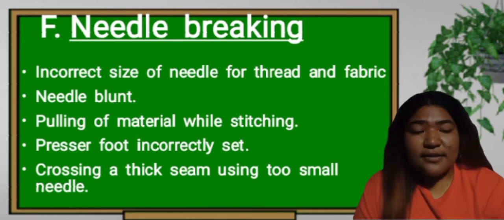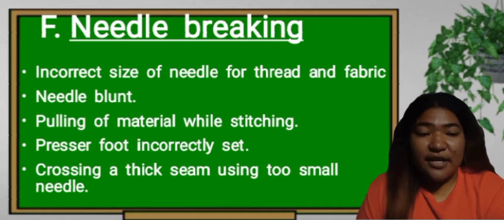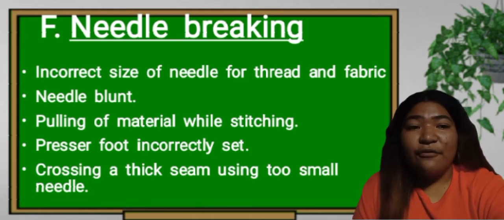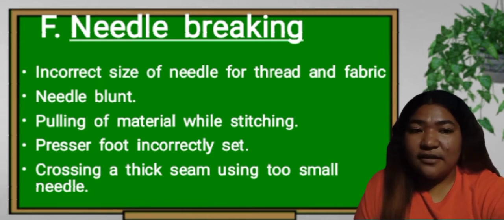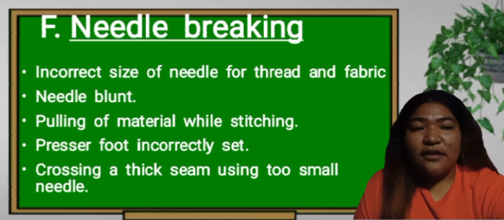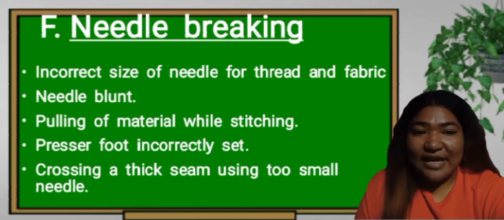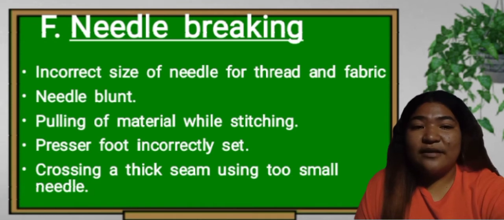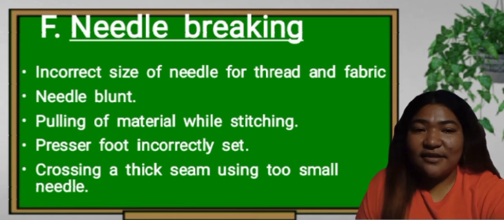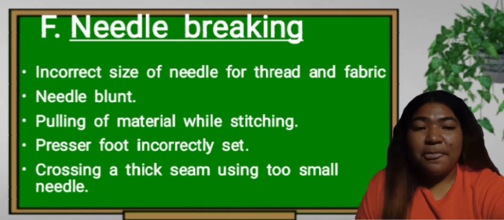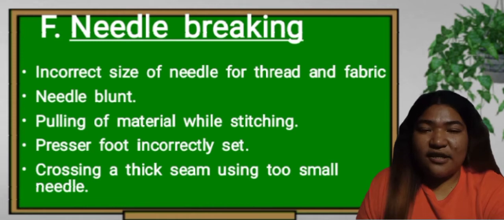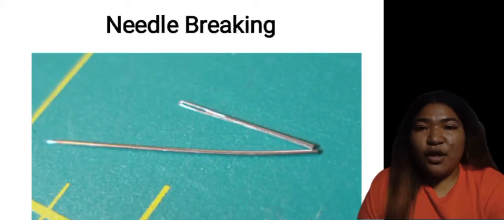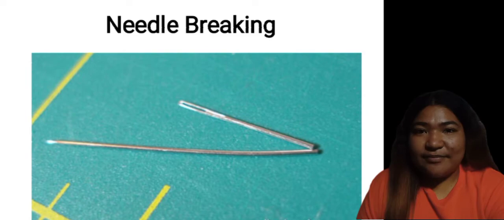Causes of needle breaking: the incorrect size of needle for thread and fabric; second, the needle is blunt; then, pulling of material while stitching; next, the presser foot incorrectly set; and lastly, crossing a thick seam using too small a needle. So this is an example of needle breaking.